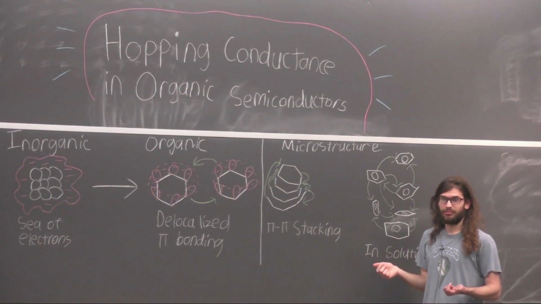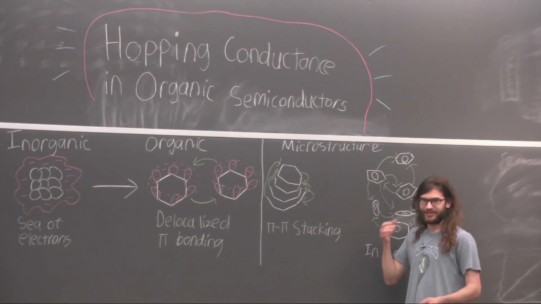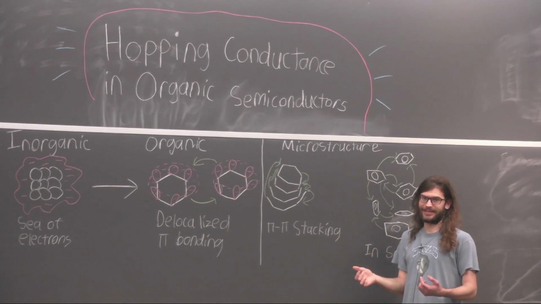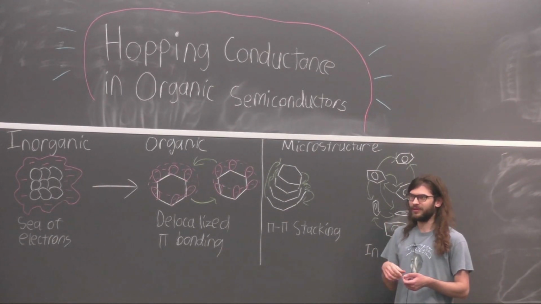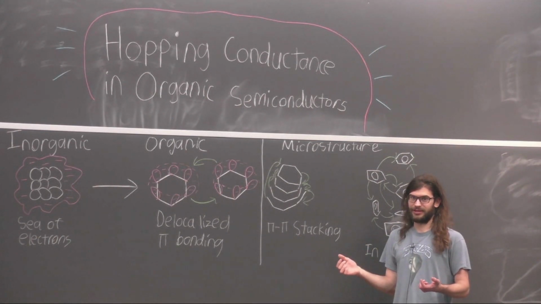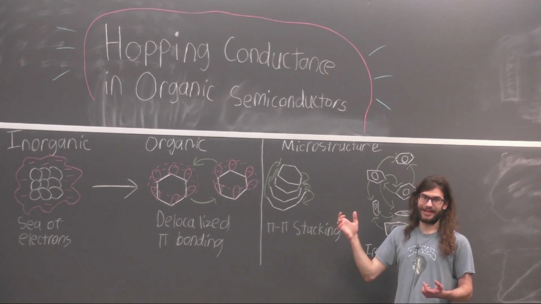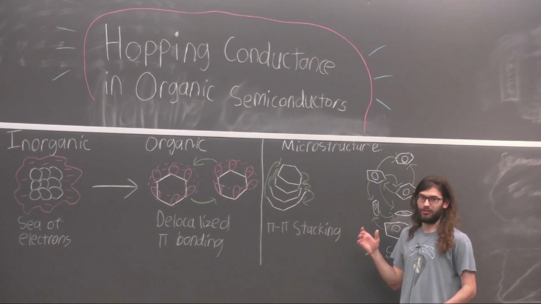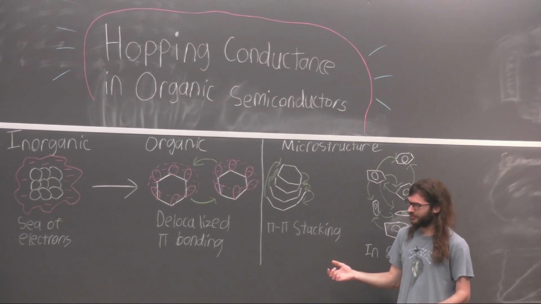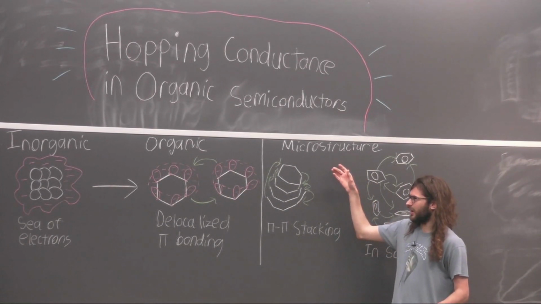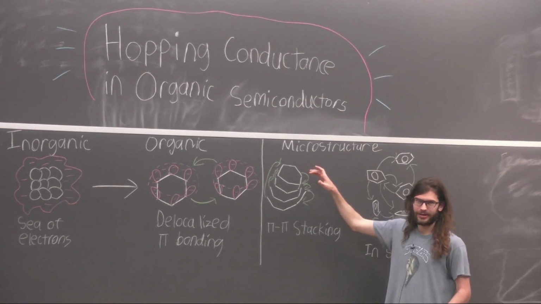As is the case with many aspects of organic semiconductors, we have to consider the physical arrangement of the molecules. So if we have a very regular structure with well-defined intermolecular spacing and orientation, like pi-pi stacking or a herringbone structure, we can imagine carriers very easily flowing up or down the stack.